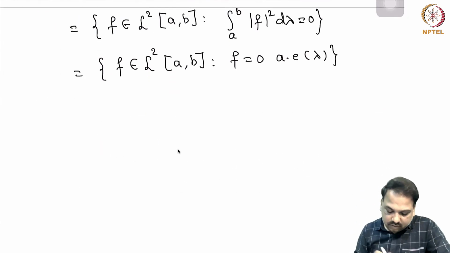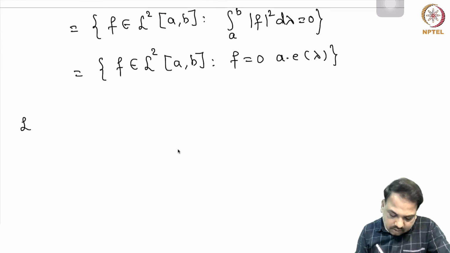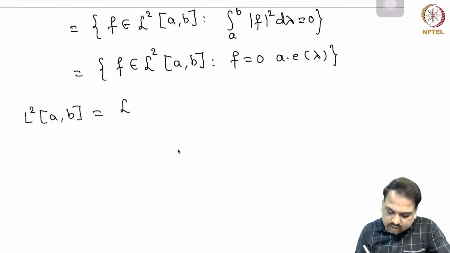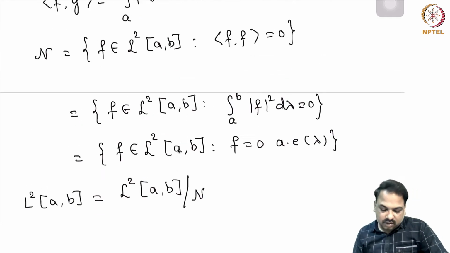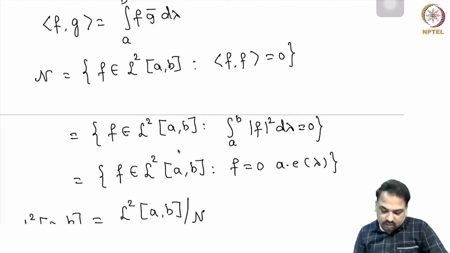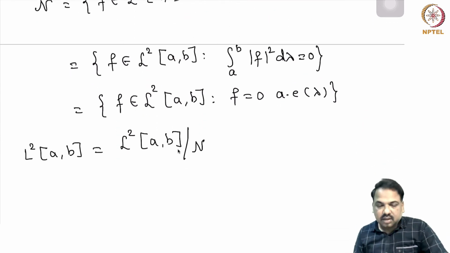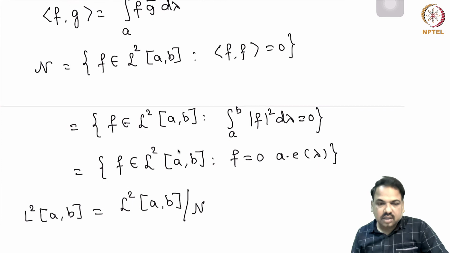Okay, now we define L2[a, b] as script L2[a, b] quotient with N, and the inner product on L2[a, b] can be defined using the earlier method.